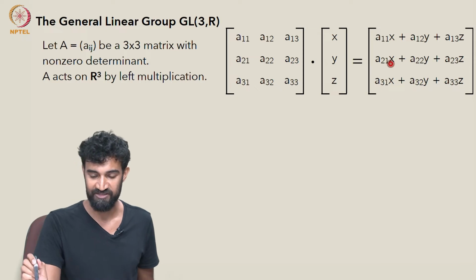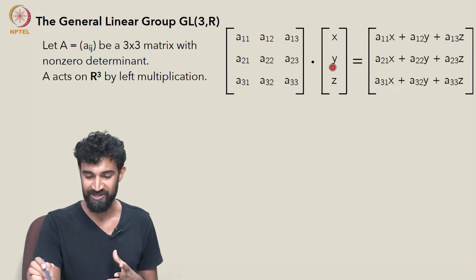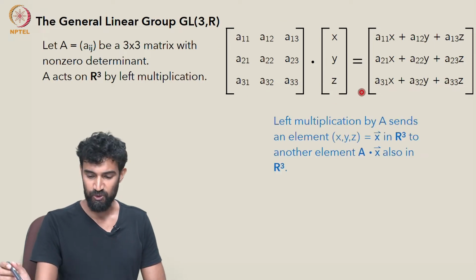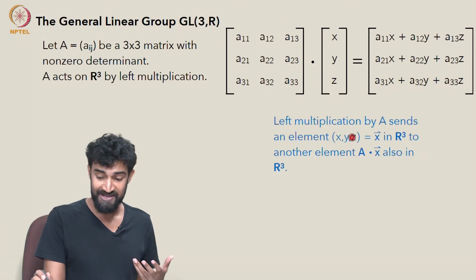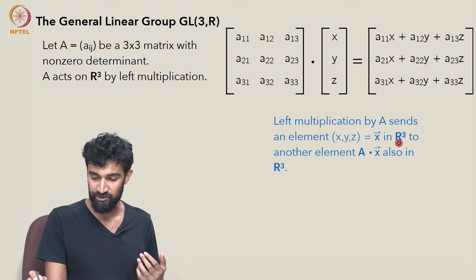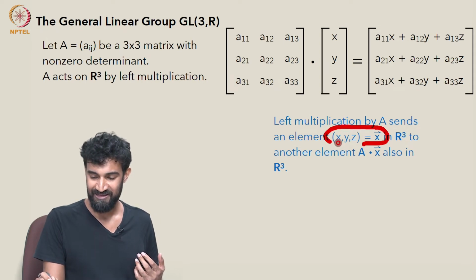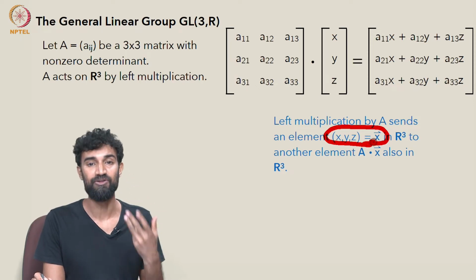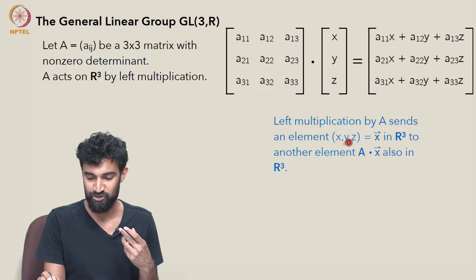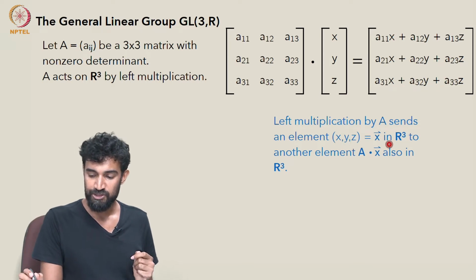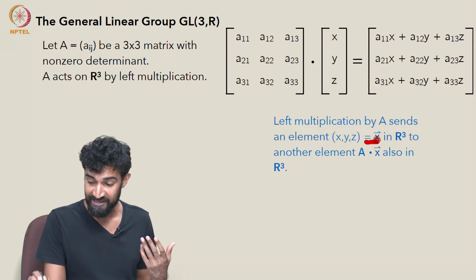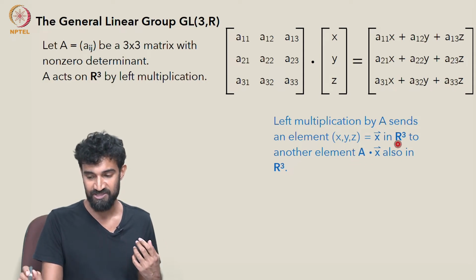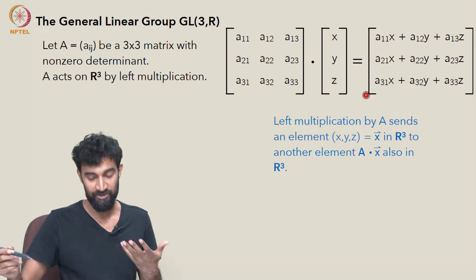So left multiplication by A sends an element x in R3, where I'm using the notation of a bold x with a little arrow on top to refer to the triple x, y, z, to another vector, A dot x, which is also in R3.